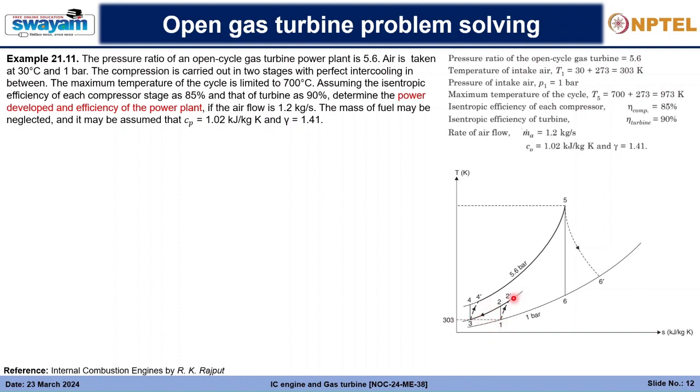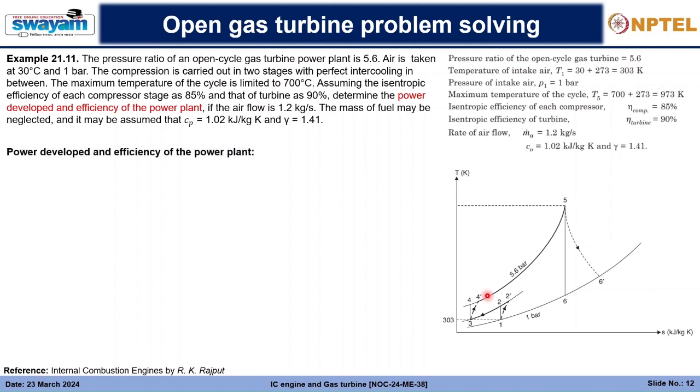So the compressed air is at an elevated pressure, but its temperature is cooled down to the ambient temperature, meaning the temperature of the inlet. And again, from 3 to 4 dash, the compression occurs in the second stage. Overall, the compression is from 1 bar to 5.6 bar.